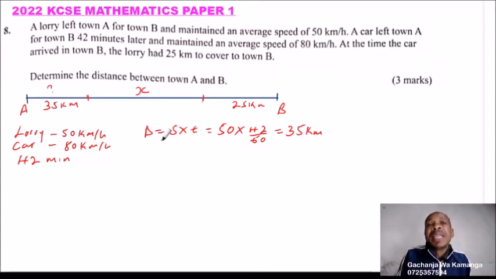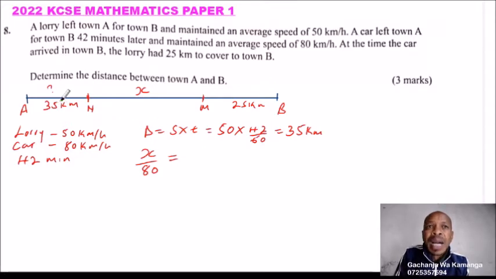This means that the time the lorry took from here, we can say from N to M, is the same time the car took to move from A to B. So the time for the car to move from A to B, the distance is X, you divide by the speed, is the same.